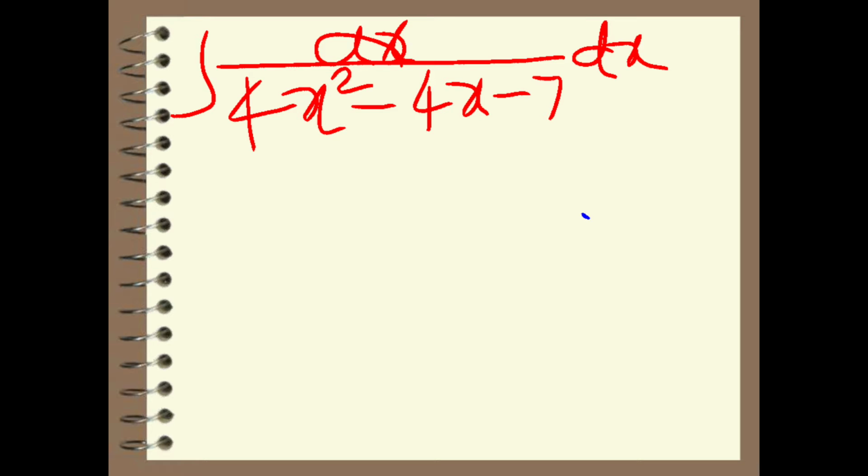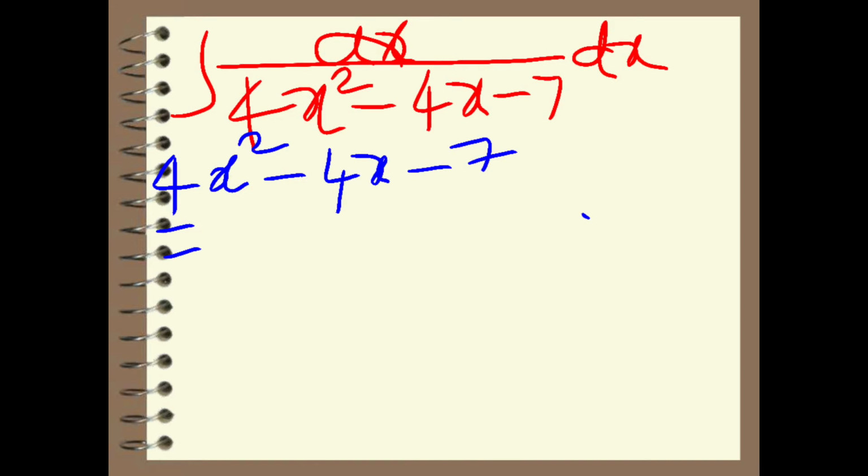So as we discussed in earlier class, here you have to do this problem like this. I am taking first the expression given in the denominator, that is 4x square minus 4x minus 7. So here x square coefficient is 4.